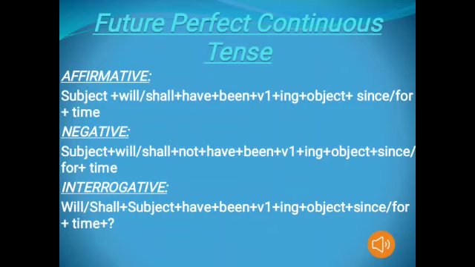In the negative sentences, subject plus will or shall plus not plus have plus been plus first form of the verb plus ing plus object plus since or for plus time. In the interrogative sentences, will or shall plus subject plus have plus been plus first form of the verb plus ing plus object plus since or for plus time plus question mark.